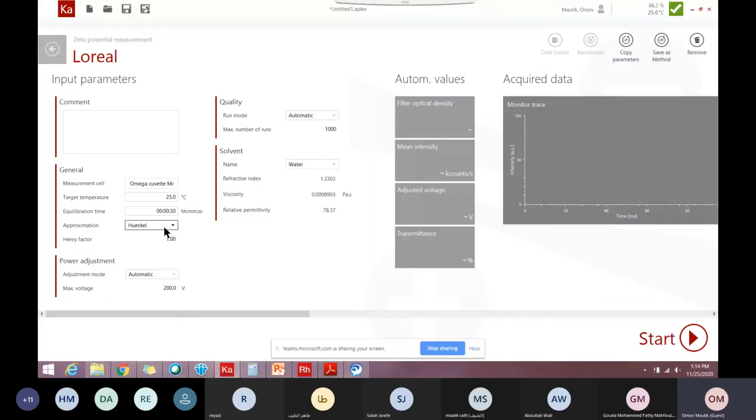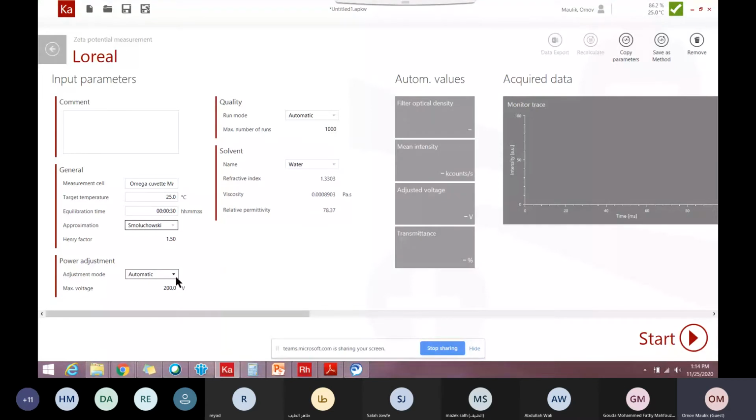The power adjustment can be done automatically, or in case your samples are very conductive and you know that high voltage can be harmful for the electrodes, the copper electrodes, then you can choose it manually. Otherwise, you can let the instrument decide it.